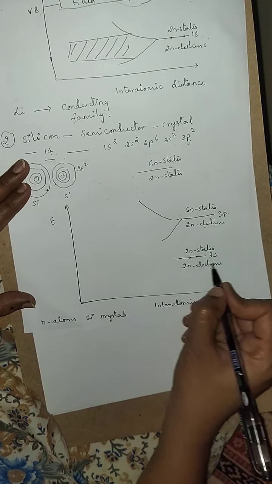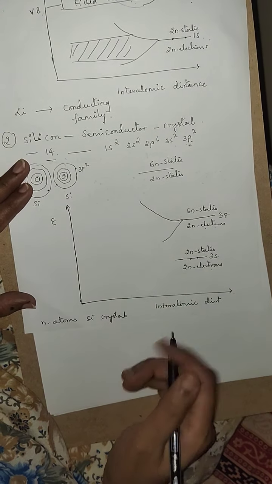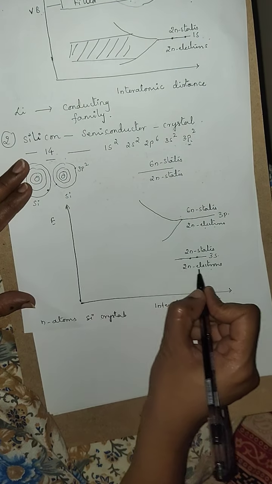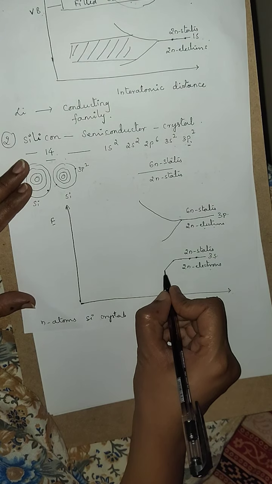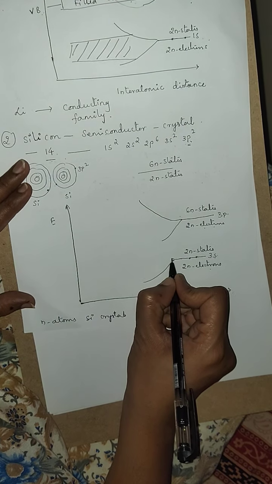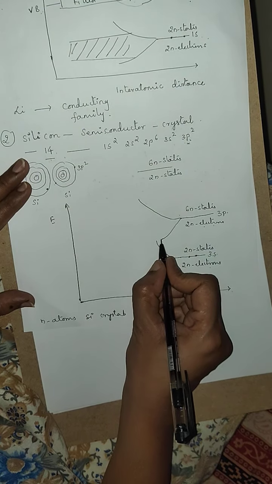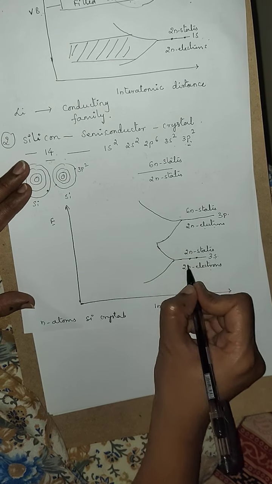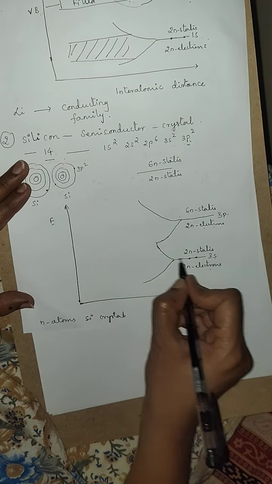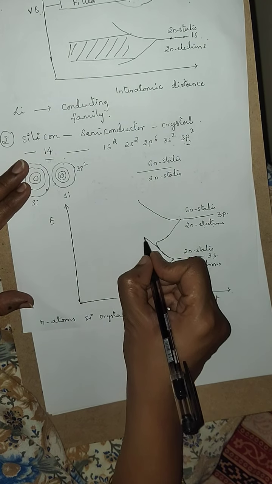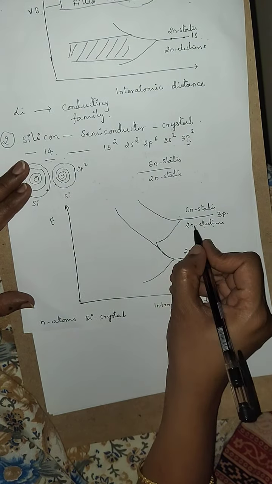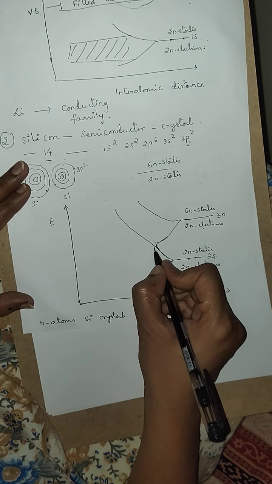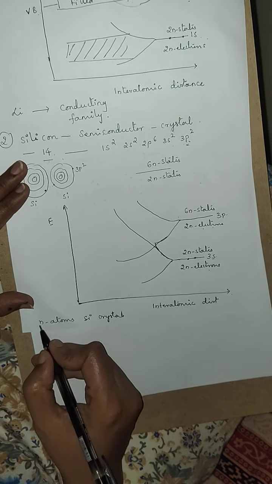Similarly, as you go on reducing the interatomic distance, the electrons in the 3s level also go on reducing their energy, and these also go on increasing their energy. So this is the upper band or upper part of the 3s level. It goes on extending here, and the lower band of 3s goes on extending here.